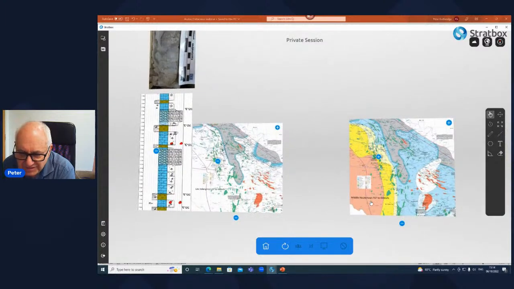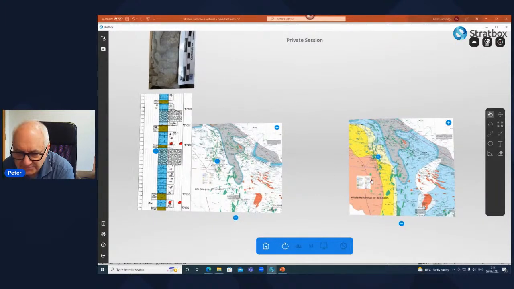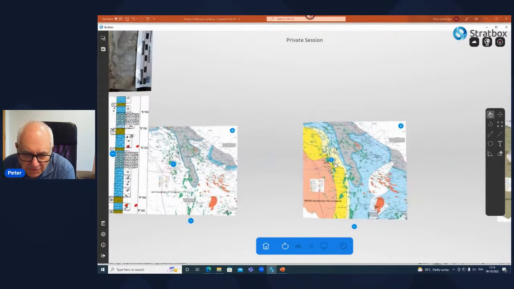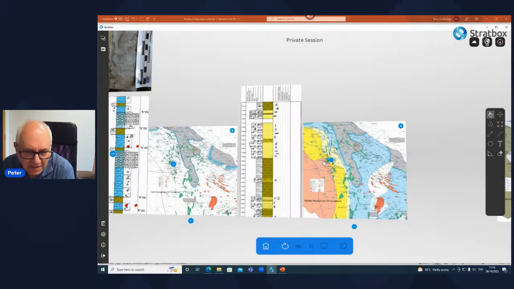If we then go to the transgressive systems tract, that map immediately follows on from the low stand map. During the low stand, there was a large influx of clastic sediment to the area. So we have these progradation of continental and shallow marine clastic systems. And during the transgression, these clastic systems were reworked in a marine environment.